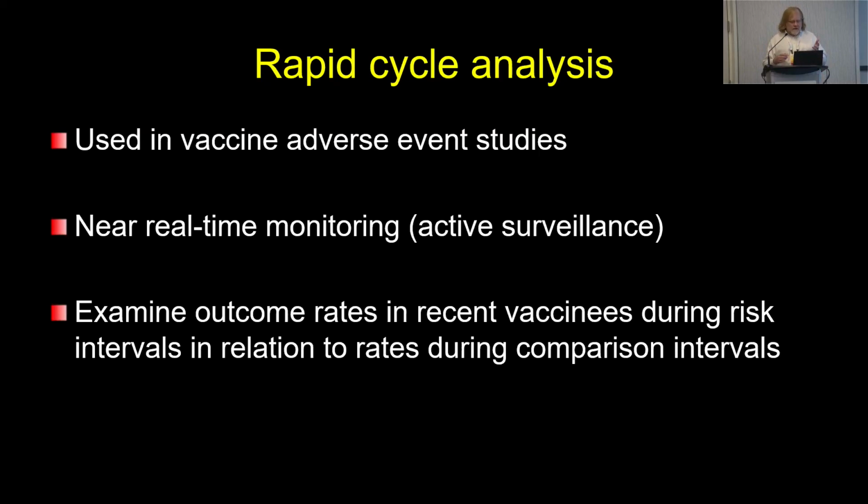We're looking for pericarditis, myocarditis, myopericarditis, Guillain-Barré syndrome, and vaccine-induced thrombotic thrombocytopenia in COVID-19 vaccine recipients. And we look both within the risk window and outside the risk window and compare. So we would expect people to develop Guillain-Barré syndrome within 42 days of vaccination, but people develop Guillain-Barré syndrome for other reasons, like COVID infection, outside of that interval, and we would compare these intervals.